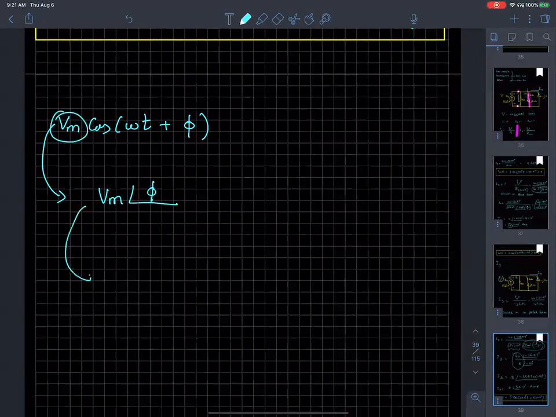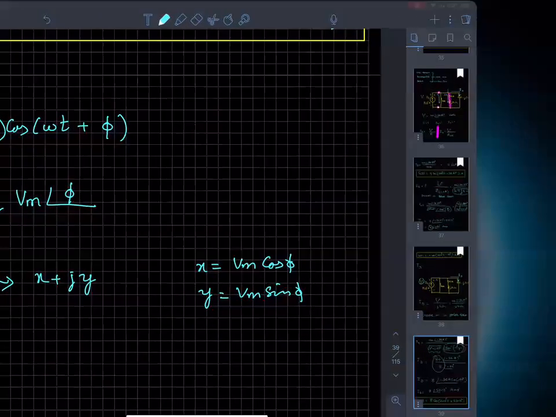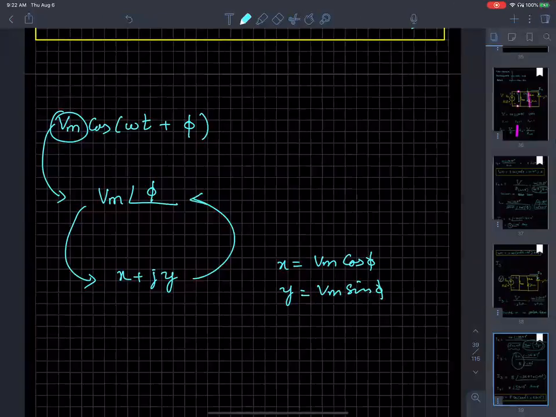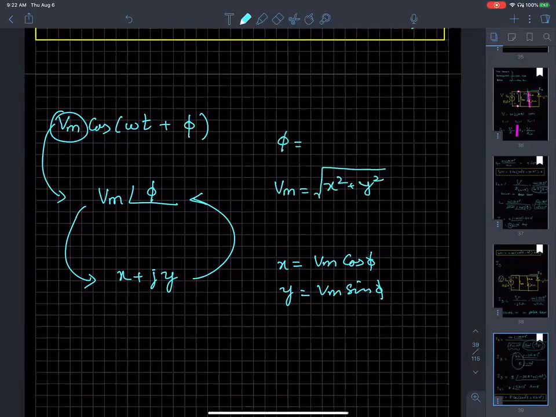When you want to go from this part to the complex number form, all you have to do is x is Vm cos phi, y is Vm sine phi. But if you want to go backwards, you would write Vm equals the square root of x squared plus y squared, real part squared plus imaginary part squared. Phi would be tan inverse imaginary part over real part.